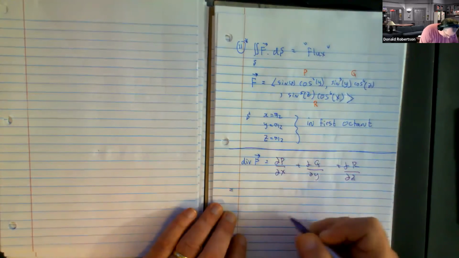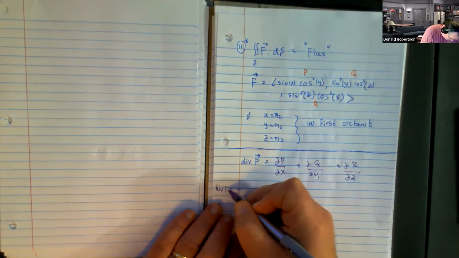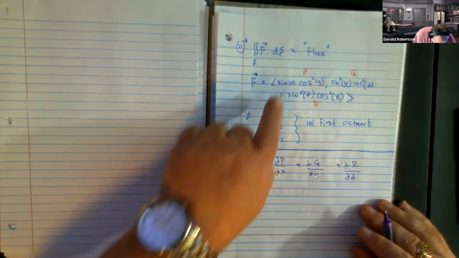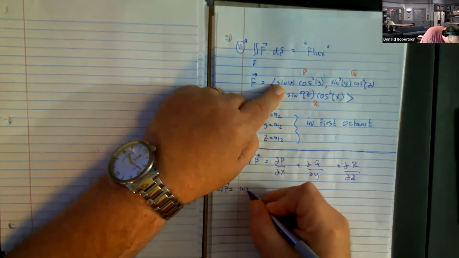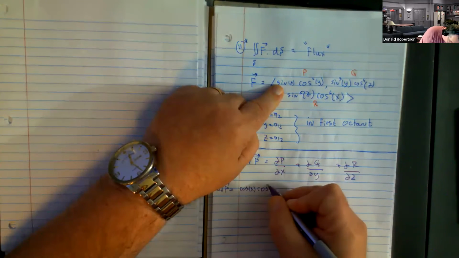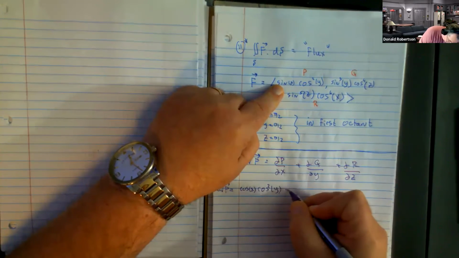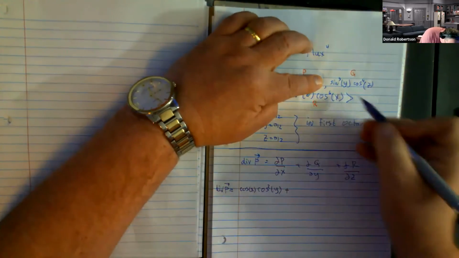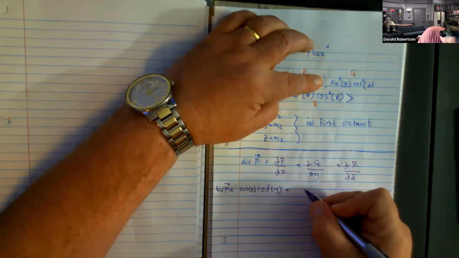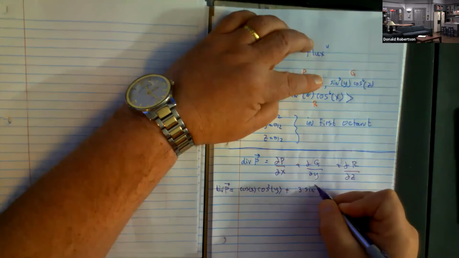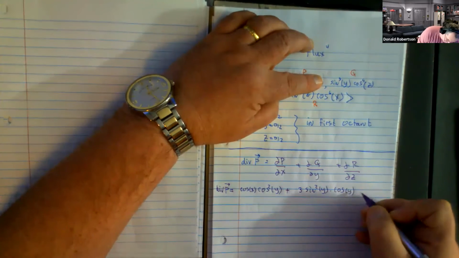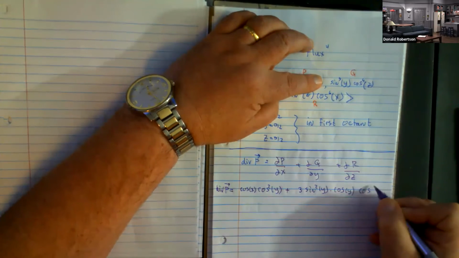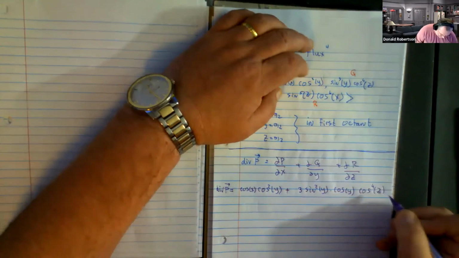I think I may have to go over here to get everything in. Right, if you differentiate this guy with respect to X, you'll get a cosine of X and a cosine squared of Y. If you do this guy here with respect to Y, you're going to get 3 sine squared Y times the derivative of sine Y, which is cosine Y, followed by that guy.